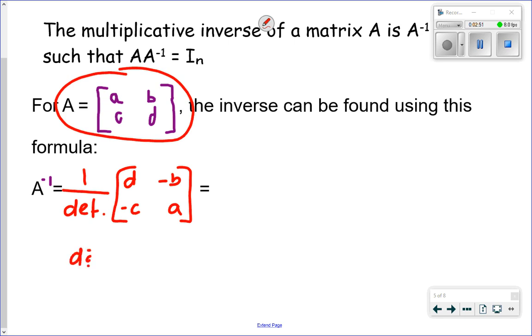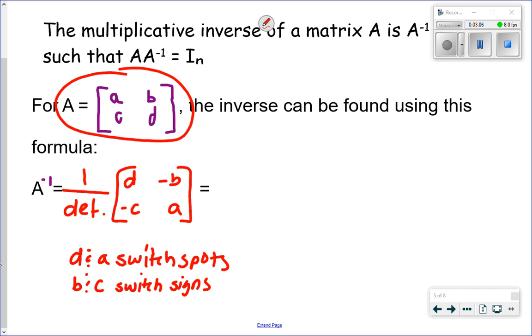D and A switch spots, B and C switch signs. So when we go through the examples, the first thing we have to do is find the determinant, and then we can bring the determinant down underneath of 1, switch things around inside the matrix, and then we go ahead and multiply it out.